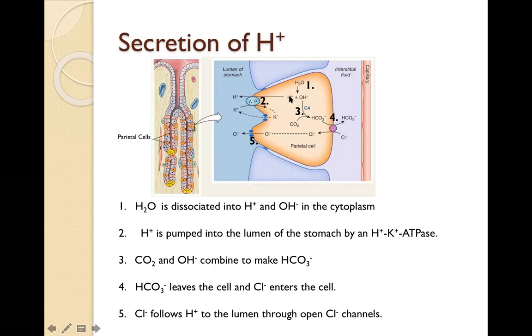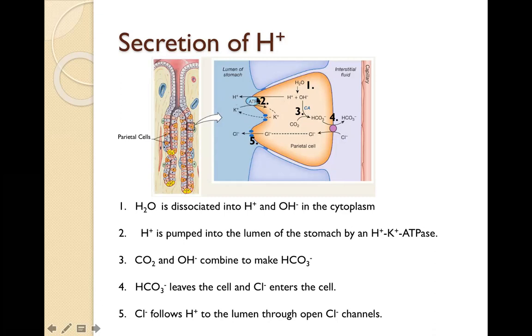And so we can see that this proton gets pumped out by primary active transport. It gets pumped out in exchange for a potassium ion. And so this particular pump that does this job is called the proton potassium, or the H plus K plus ATPase. Remember, ATPase always signifies primary active transport.